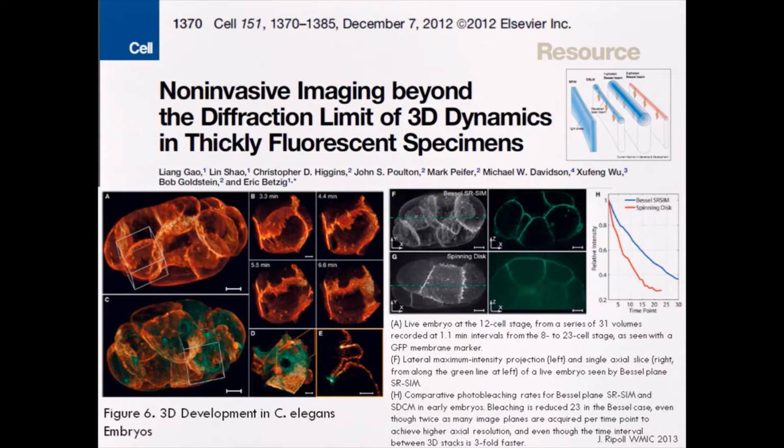Then in December 2012, a very recent paper was published using a light sheet technique that proved to be much better, much more efficient, and with lower photo bleaching compared to a spinning disc confocal. So this paper brings us into a new era where confocal imaging is being replaced by light sheet microscopy, and this is in vivo in this case.